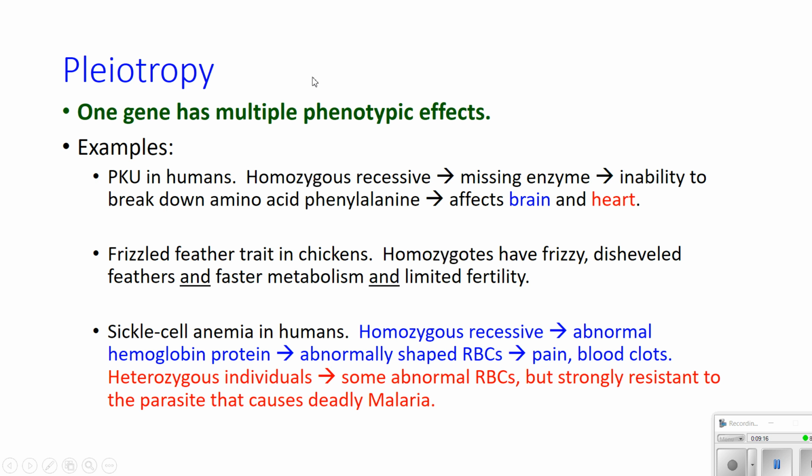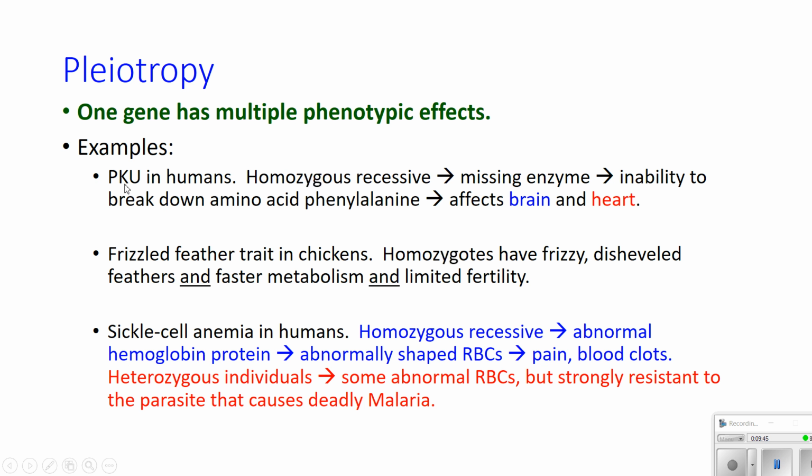He thought there's one gene that controls the color of the flowers, a totally separate gene that controls how tall the pea plant is, a gene that controls the color of the seeds, and another gene that controls the shape of the seeds. Well, sometimes you have a single gene that has many effects, or at least more than one effect, and that's pleiotropy.